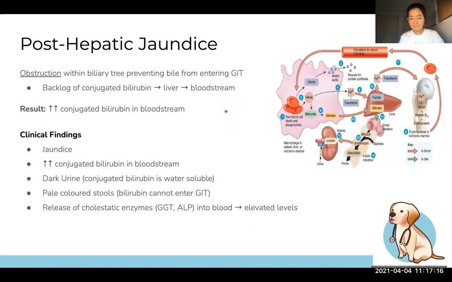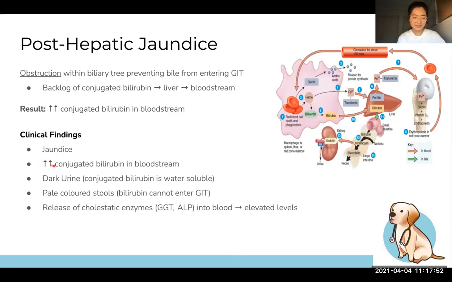Because normally the bile will be traveling through your common bile duct all the way down, entering into the GIT system, then going through everything and exiting alongside your fecal matter. But if you don't have that bile actually entering into the GIT because of some obstruction, usually a gallstone, in either the common bile duct or somewhere along that biliary tree, you won't get any of that conjugated bilirubin entering in, and hence you will get pale colored stools because you don't have that coloring.